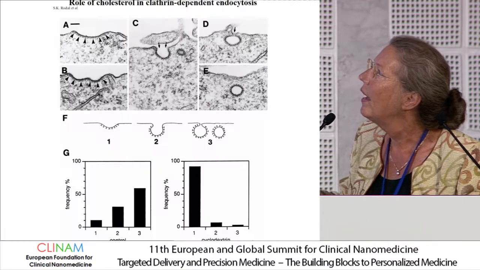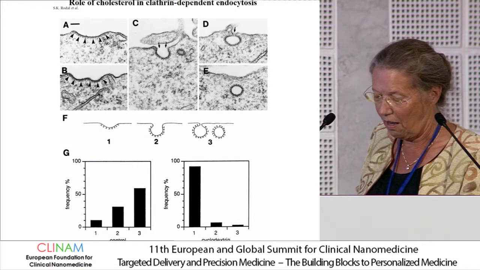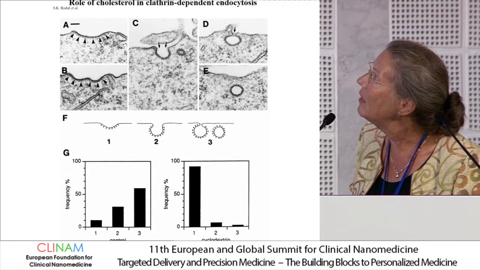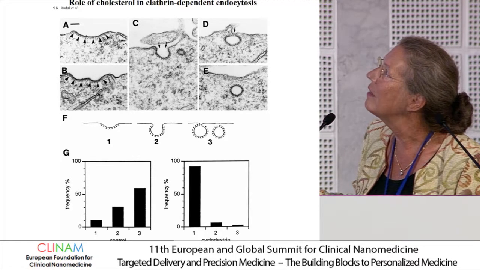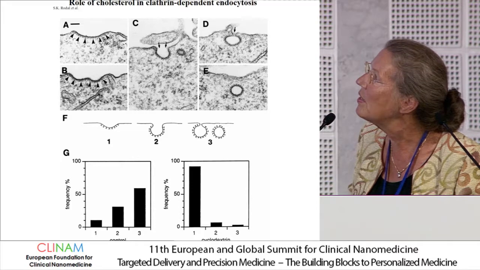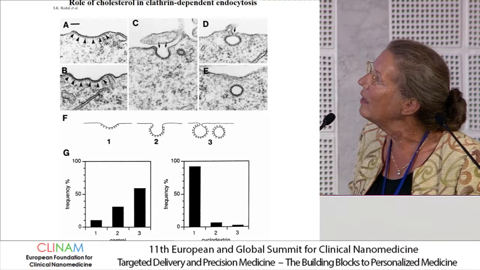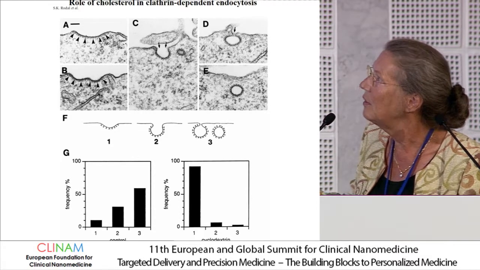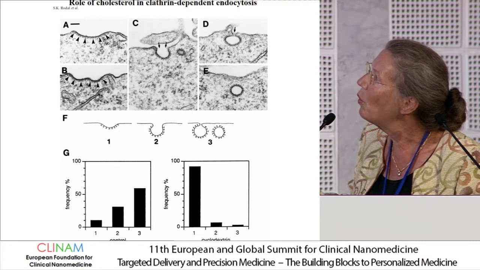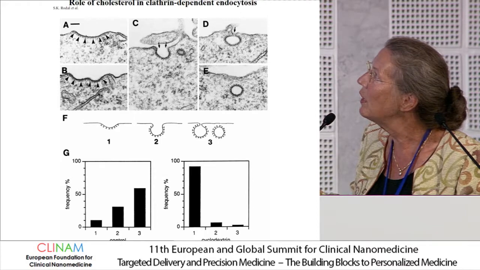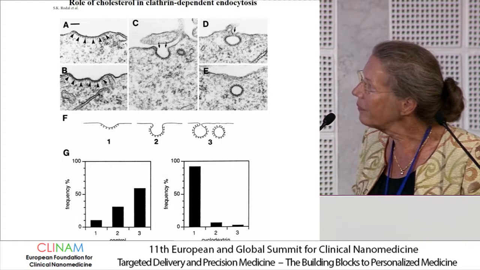And here is shown how cholesterol depletion may affect clathrin-dependent endocytosis. If you look here, we can divide clathrin-coated areas into 3 types. Almost flat ones, more invaginated, and almost pinched off structures.